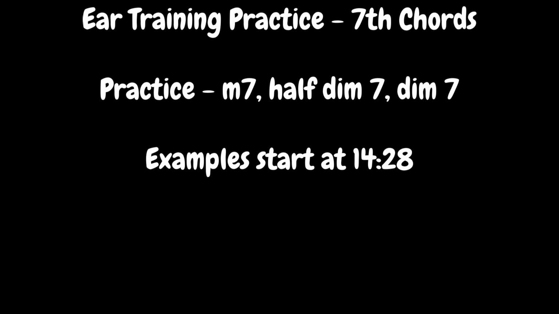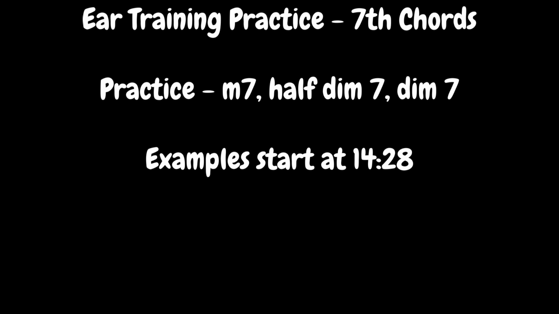And the dominant 7th chord, when you're hearing it in a traditional theory context, you will probably hear it because it will probably resolve to the 1. So if you're taking down a harmonic dictation and you hear something that sounds like this, and then it goes here, then you're going to know that it's a dominant 7 chord.